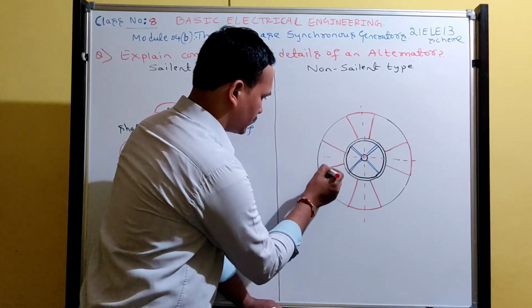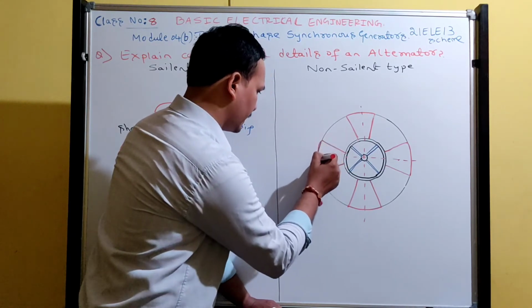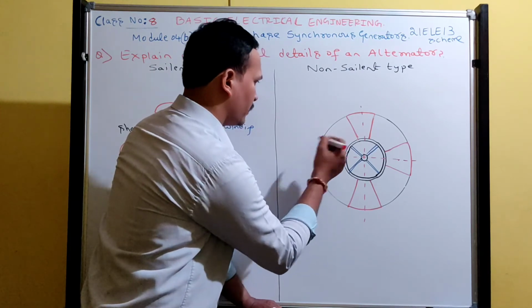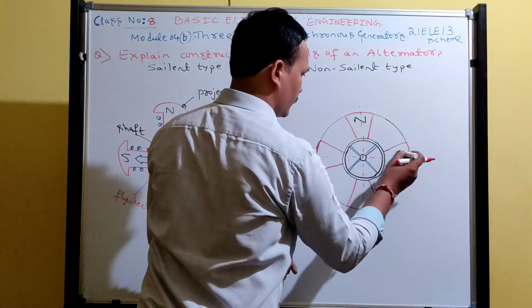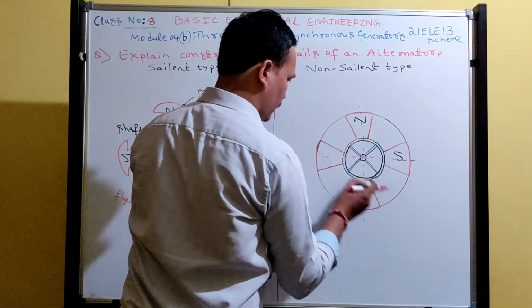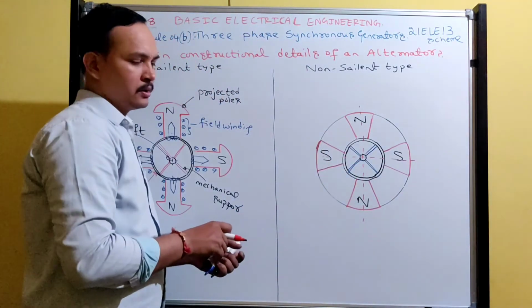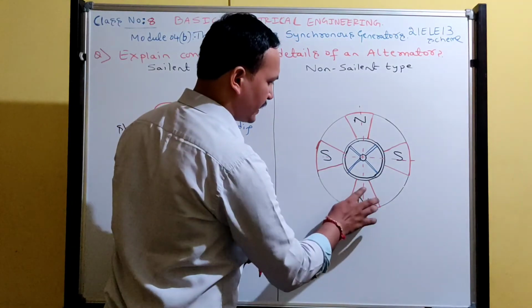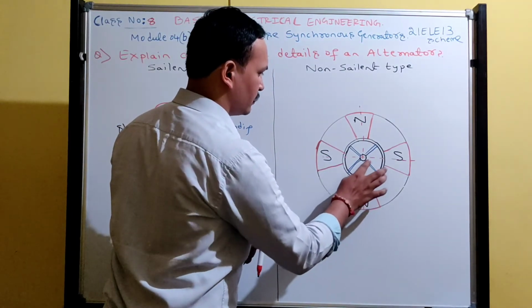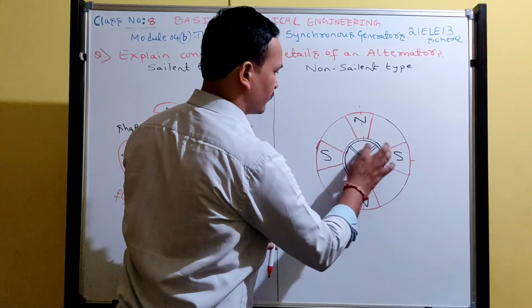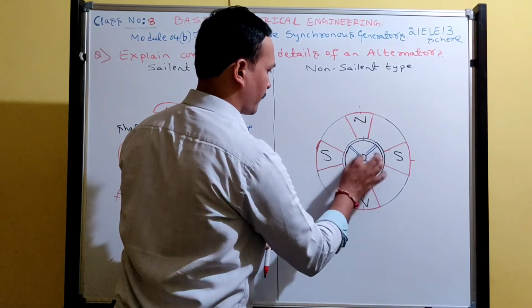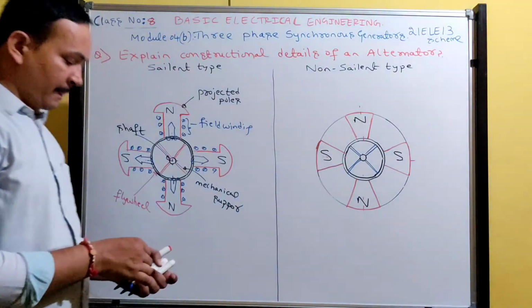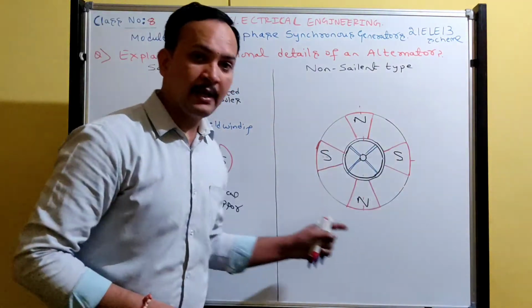These poles will have good magnetic properties. Now I can name them north pole, south pole, north and then south. After writing this, you can erase these dotted lines. We wrote them only for supporting purposes. Later you can erase everything. So these are called main poles.